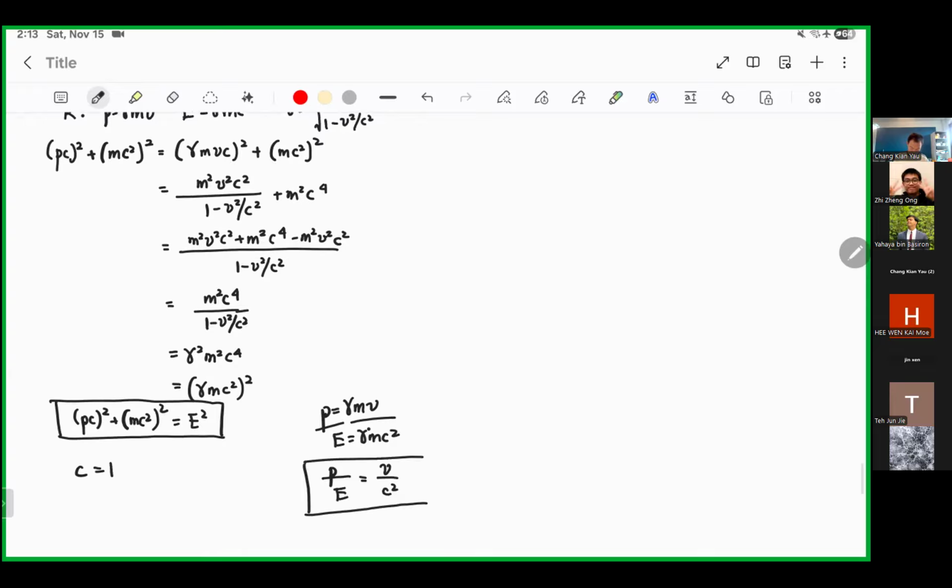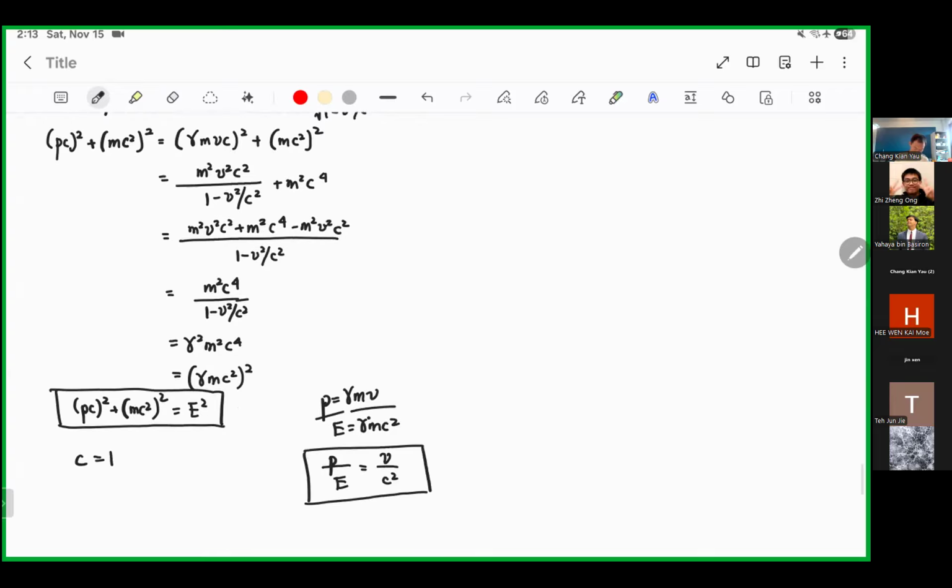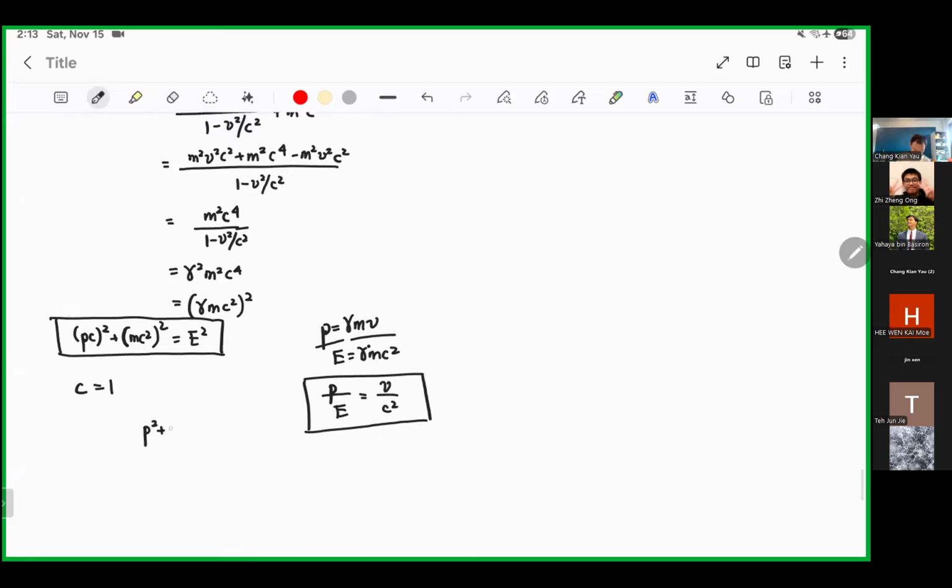Like for this particular equation, I can just write directly p squared plus m squared equals E squared. It's wrong if you talk about units, but I can easily determine what units it is and then just plug it in. That's just a side note, in case you see it in the future.